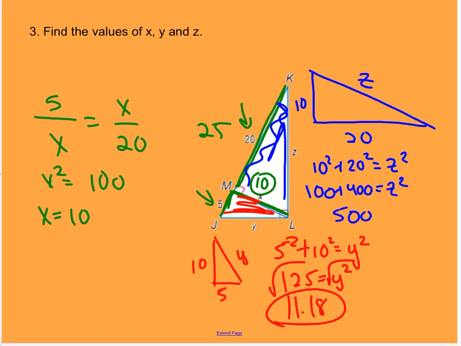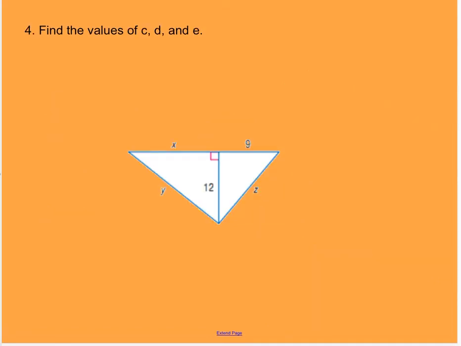So 500 equals Z squared. So square root of 500 is actually 10 square root of 5 as a simplified radical, but it's going to be 22.36. So there's my answer. There's X, there's Y, there's Z. X is 10, Y is 11.18, Z is 22.36.